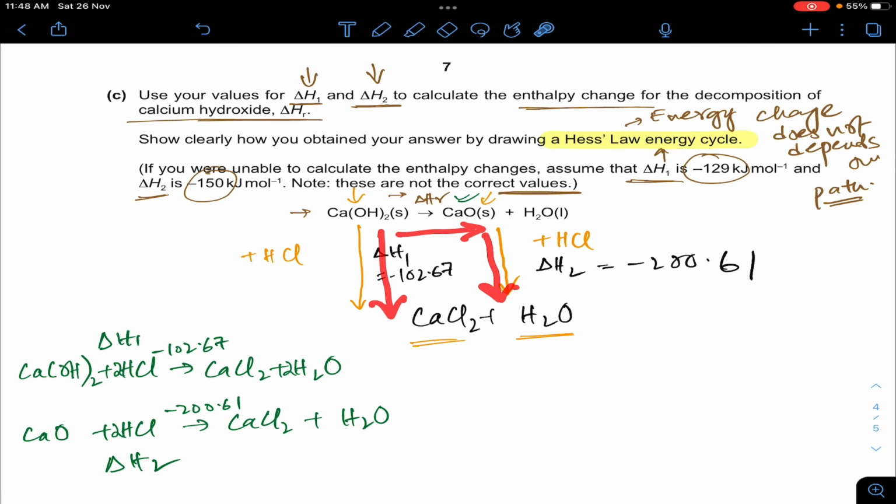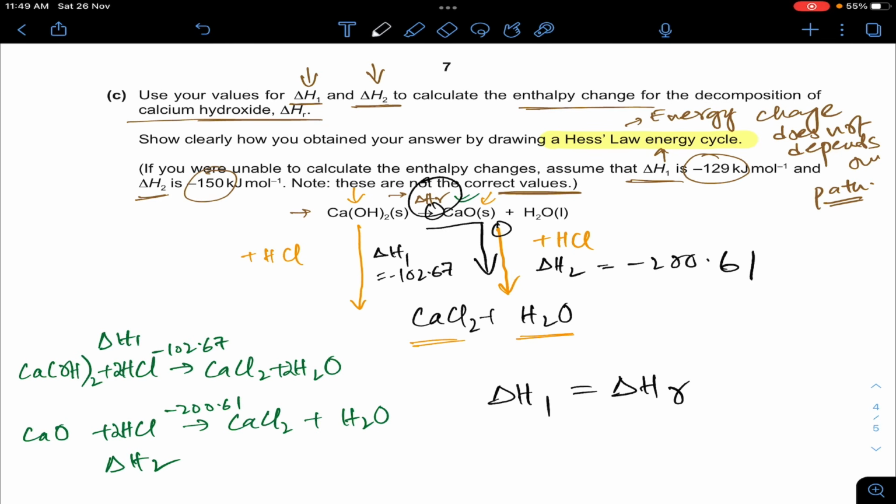According to Hess's law, if this is delta H1 and this is delta HR and this is delta H2, then delta H1 would be equal to delta HR plus delta H2. We are adding these two sides, where the arrowhead of this reaction is combining with the tail, and equating it with this delta H1.